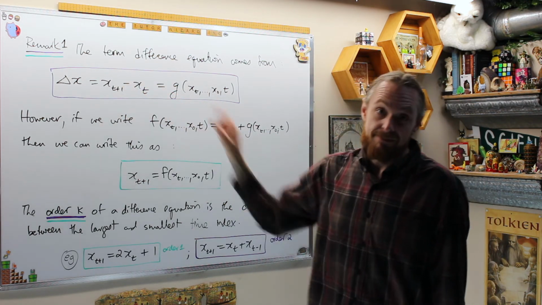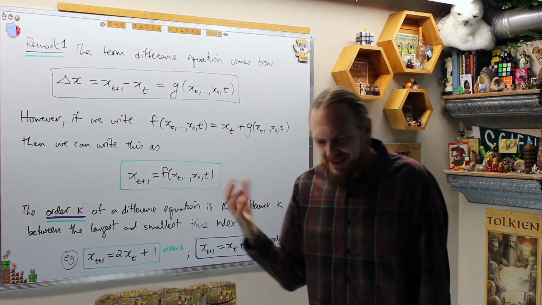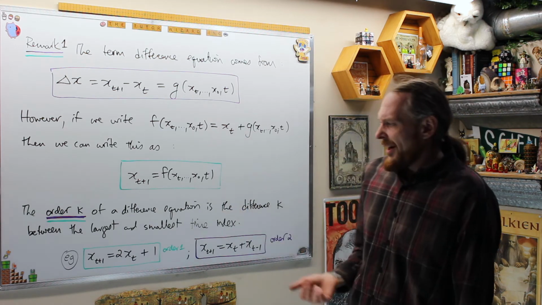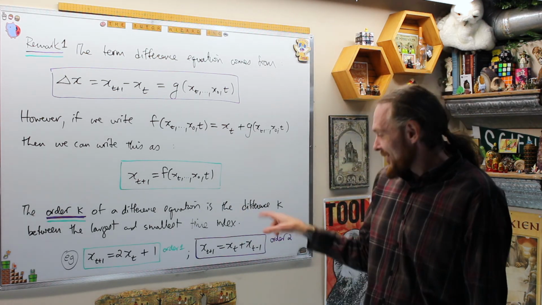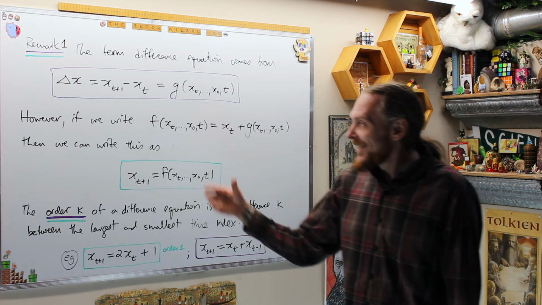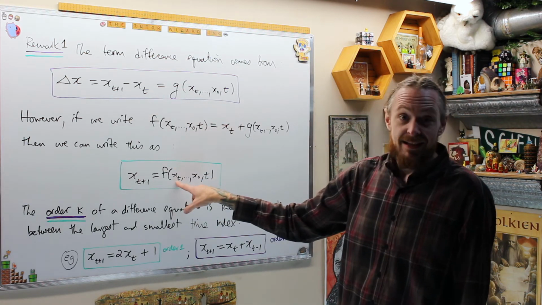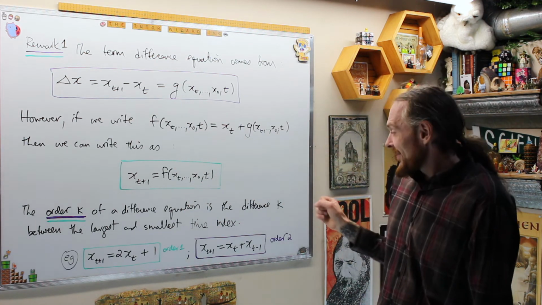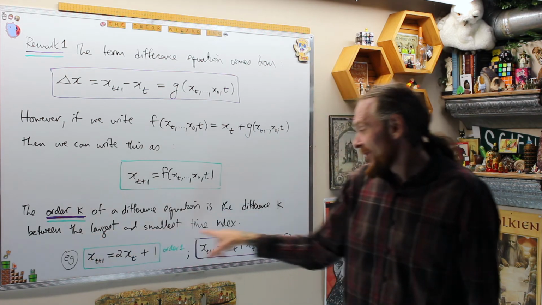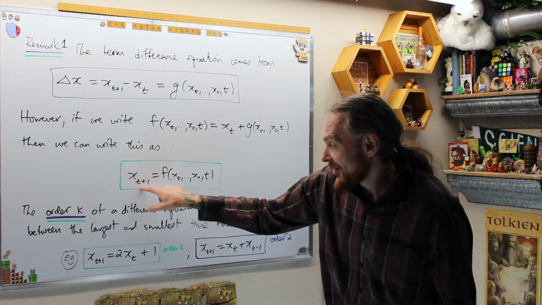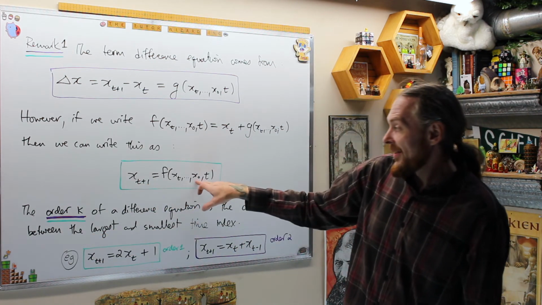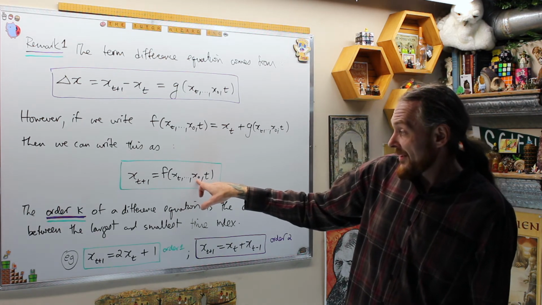The last thing we're going to discuss is the order of a difference equation. So difference is being used in a different context. Given a difference equation, the order of that is the difference between the largest and smallest time index. So this is the largest time index, t+1, and this is the smallest time index, t_0.